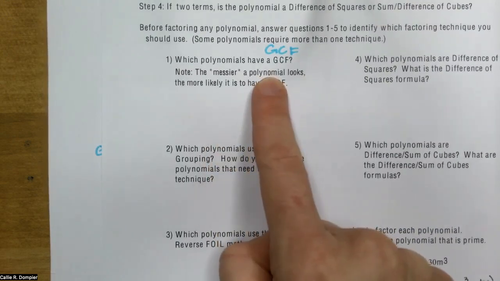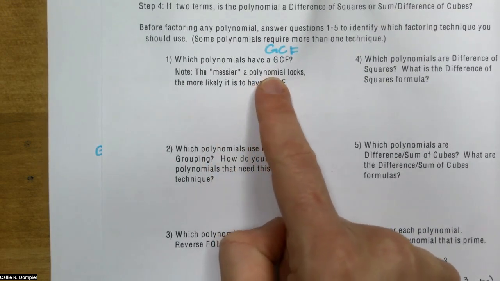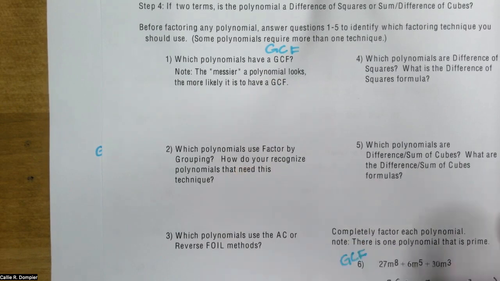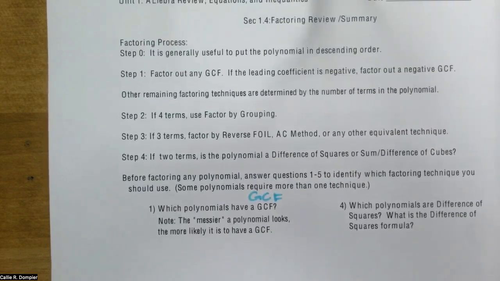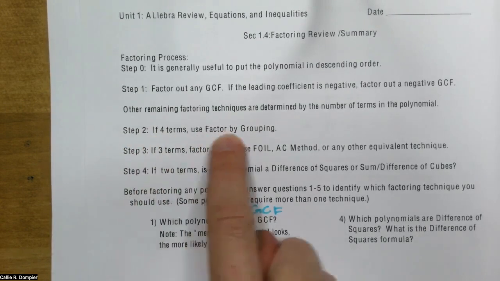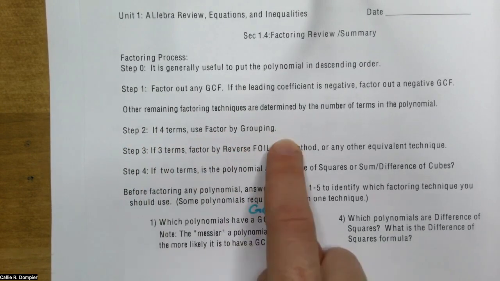We found all of the polynomials with greatest common factors and factored the greatest common factor out. Now we want to look at which polynomials use factor by grouping. If we look up at step 2, it says if there are 4 terms in your polynomial, use factor by grouping to factor that polynomial.